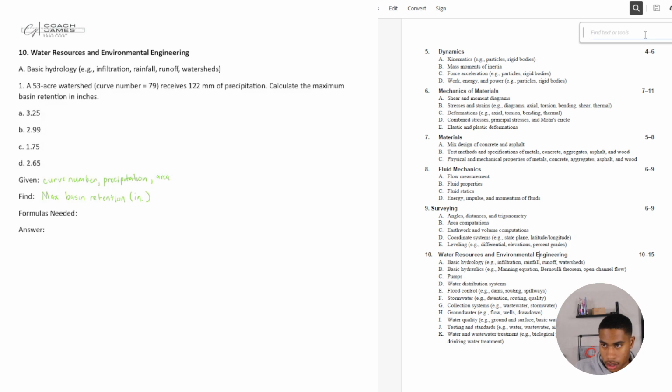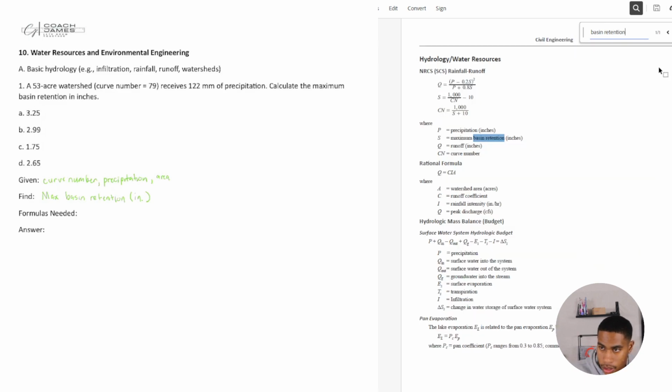All right, so I'm just gonna look up. I don't know what formulas I need to use for this. It's a bunch of random data for me, so I'm just gonna look up what I'm trying to find, which is basin retention. One thing comes up. And okay, S is equal to maximum basin retention in inches.